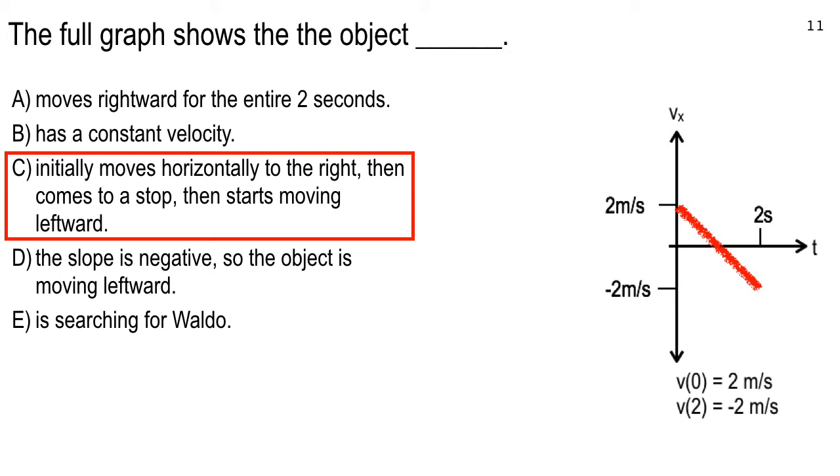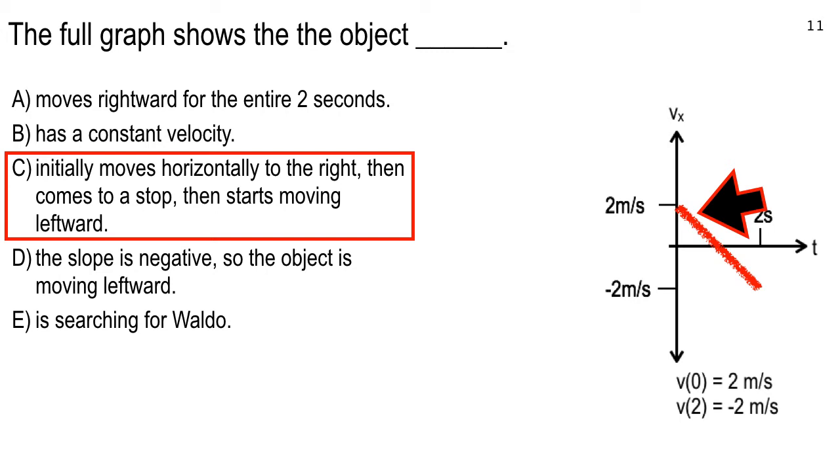All right, so this is the correct answer, C, and let's just take a look at it. Now this is what I say. You have to think in an abstract manner and read the graph and try to figure out what it means. Now up here, the graph is above the time axis. So that means you have a positive velocity.